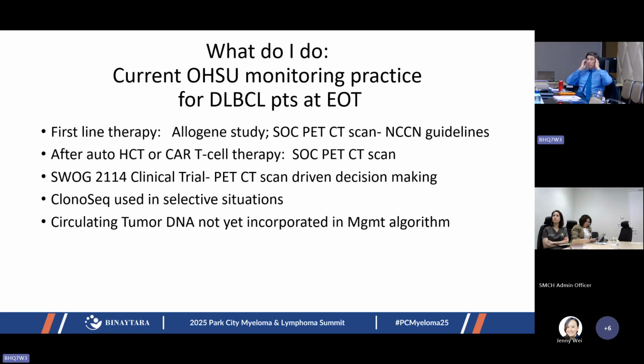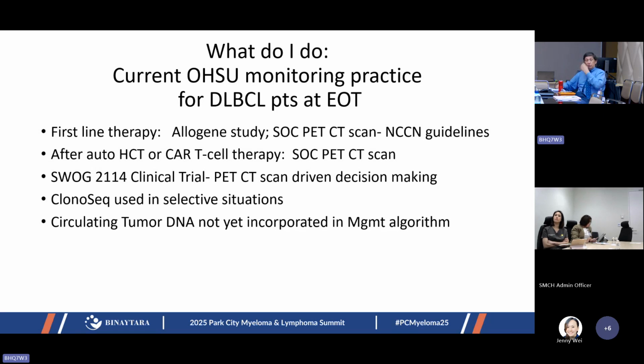We have a SWOG randomized trial for post-CAR. If you're stable or PR after CAR on day 30, the PET scan will drive you to one of 4 arms. It could be observation, because some of those PRs will go on to CR over time. It could be immune conjugate versus bispecific, or combination bispecific and immune conjugate.